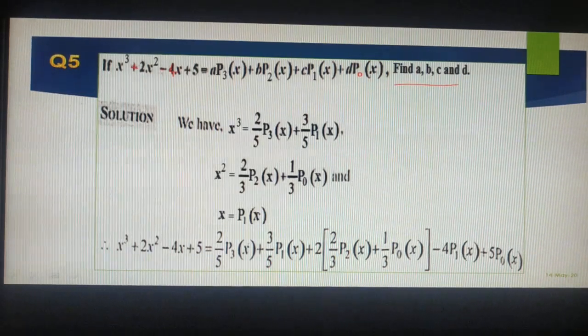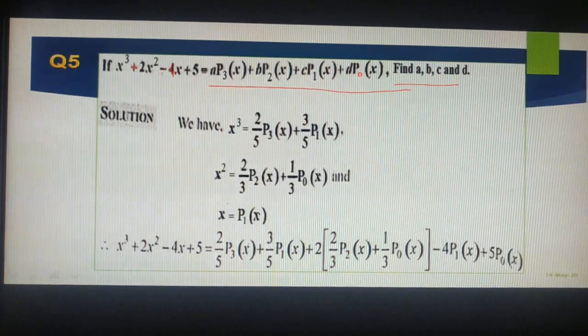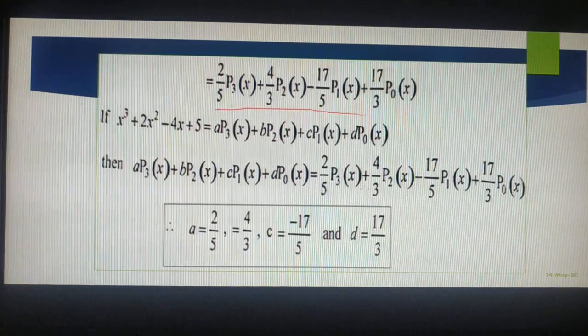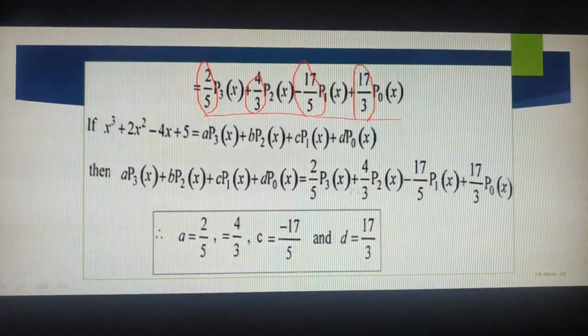It is very simple. Just write this in terms of Legendre polynomials. As usual, you solve your problem and write this into Legendre polynomials. Whatever constants we have here will be equivalent to your a, and this is b, and this is c, and this is d.